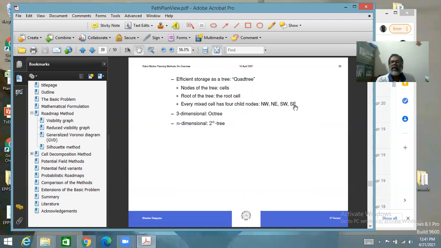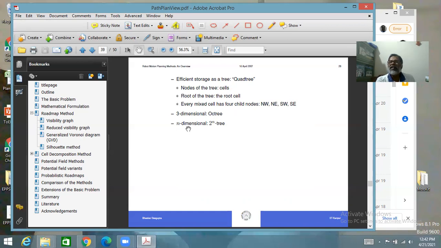Like this only, if you are doing it in a three-dimensional region, three-dimensional C space, then you will talk about octree. Okay, because now at every round you will be decomposing a mixed cell into 8 octants. Okay, so a tree of octants is called octree. Okay?